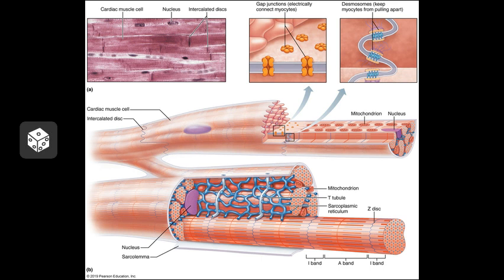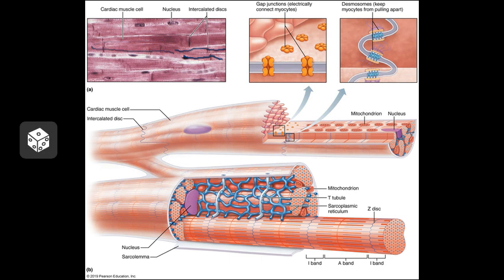Characteristics of cardiac muscle cells? Well, there are several things. They branch, for one thing. You can see here one branch off of this and another branch off of it down here. You can see another place where they branch here and here. So that's one characteristic.